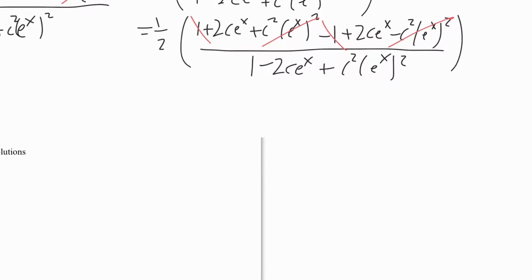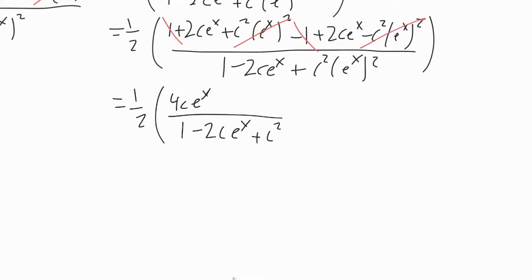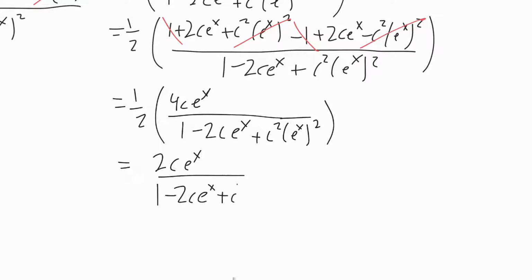So we have 1/2 times 4c e to the x over 1 minus 2c e to the x plus c squared e to the x squared, which is 2c e to the x over 1 minus 2c e to the x plus c squared e to the x squared. And so here clearly, left-hand side equals right-hand side.